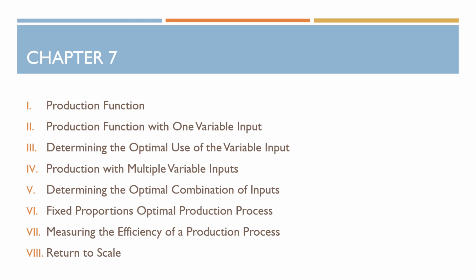And then we would also like to talk about how we are thinking about combining different resources or inputs to produce a product and how the costs associate with them. And finally, we're going to measure the efficiency of the production process and also talk about returns to scale.